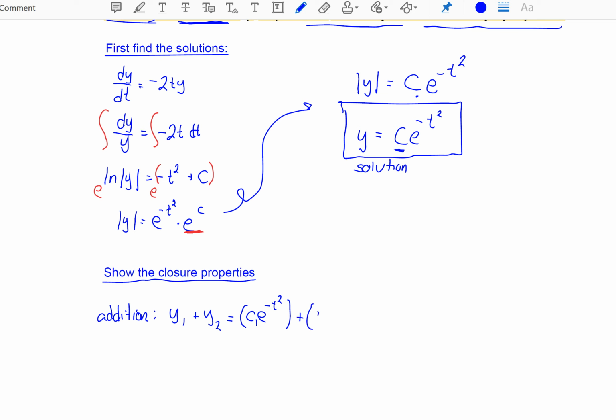And y2 will look like c2 e to the negative t squared for some constant c2. But if we were going to add these together, maybe we could factor out your common factor of e to the negative t squared that's common in both of these solutions. And I think we would have c1 plus c2 times e to the negative t squared.